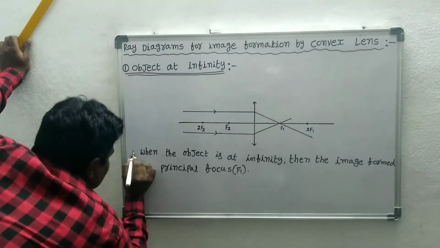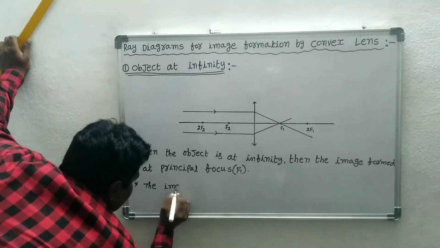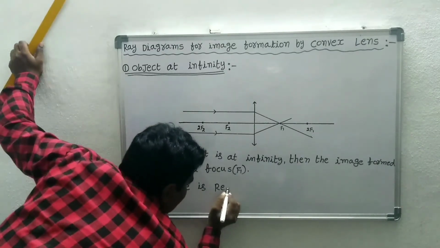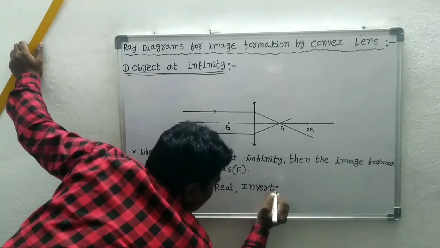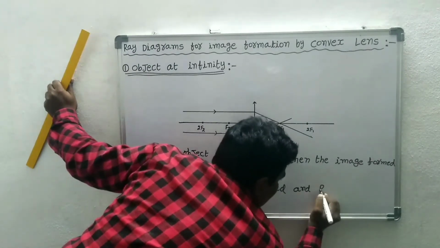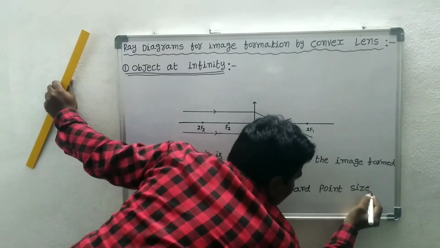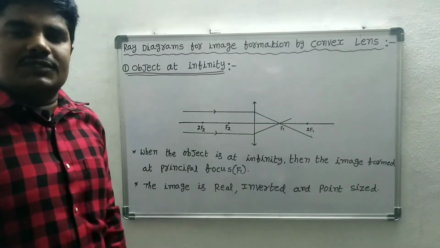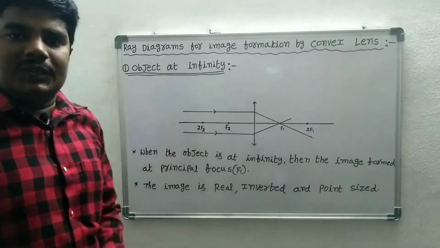The image is real, inverted and point sized. This type of image is formed at the principal focus when the object is at infinity.